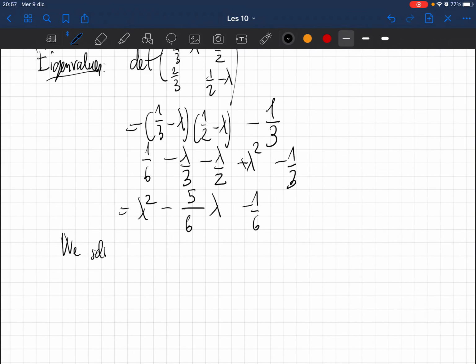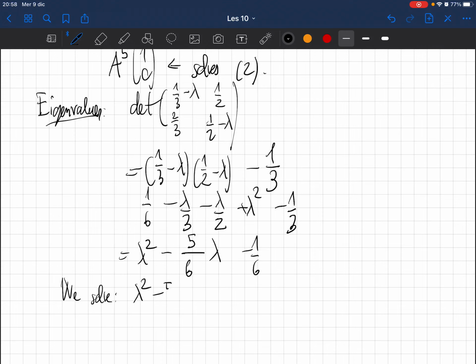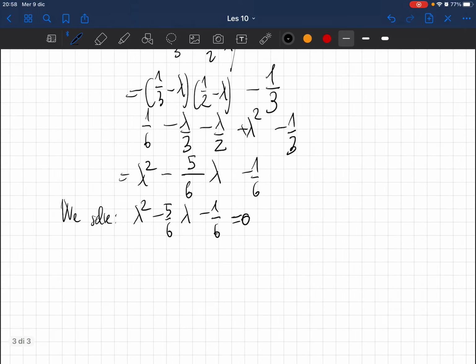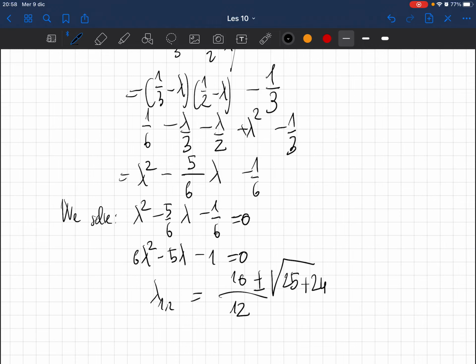So let's solve the equation. Put this equal to 0. The solutions, let me see, it's going to be 10 over 12 plus or minus the square root of, well, 25 plus 24.